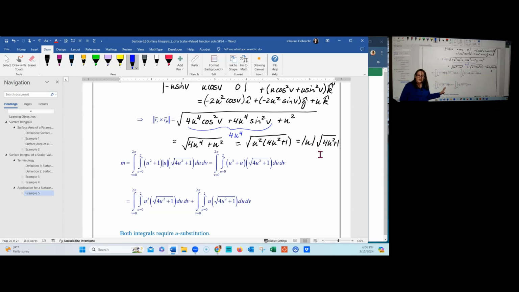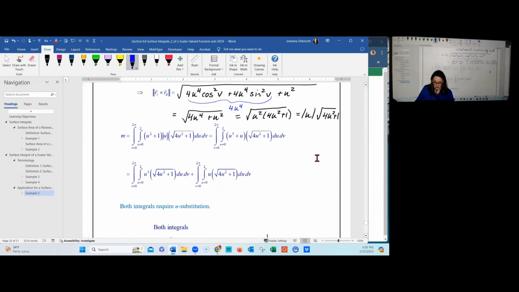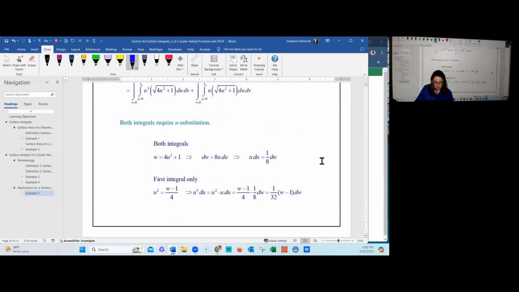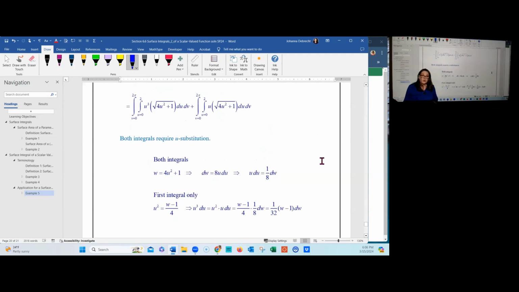Both of these are going to require a u substitution, and the u in both cases is going to be the same. It's going to be what's underneath the radical, 4u squared plus 1. Since we already have u in play, we don't want to use u again, so instead I've used w.